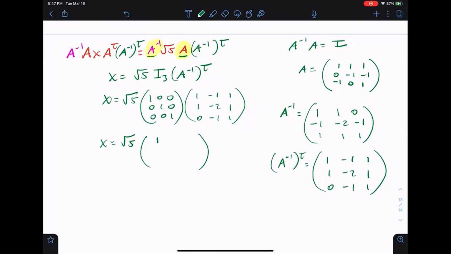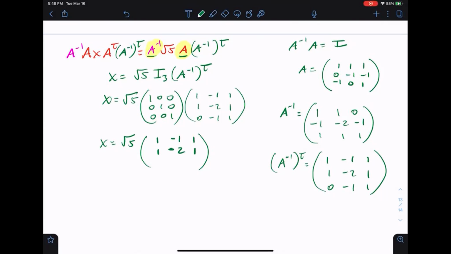Then we have negative 1, row 1, column 1, row 1, column 2, row 1, column 3, and then row 2, column 1. You get this. Row 2, column 2 is negative 2. And then you do row 2, column 3, you get 1. The same thing applies for the last one.